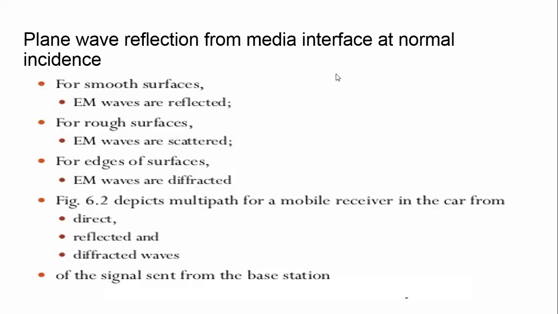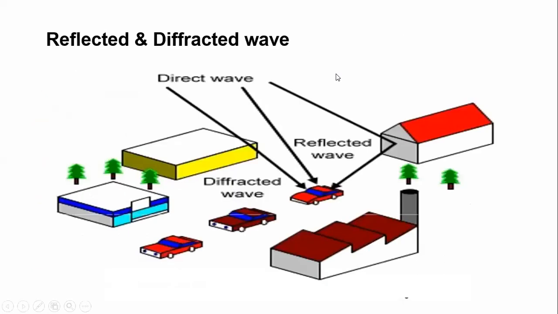This is one of the examples where you can observe it. If a base station is there, and the car is moving and you have a mobile receiver, you are sending and receiving signals, and you can see how the wave can be reflected in space.